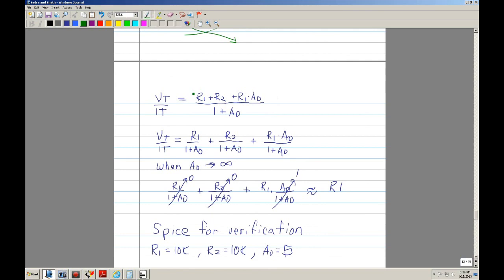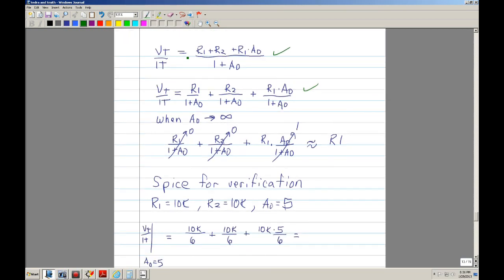Now what we can do is break this into this equation, and you'll see why. Once you have it in this form, you can see that when A sub O, which is the open loop gain, goes to infinity, this gets large, so basically this goes to 0.